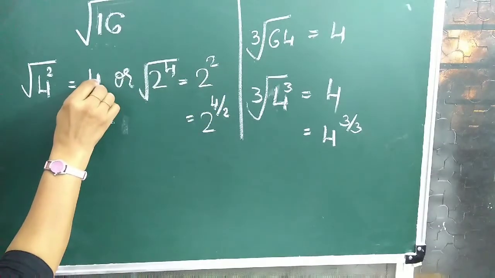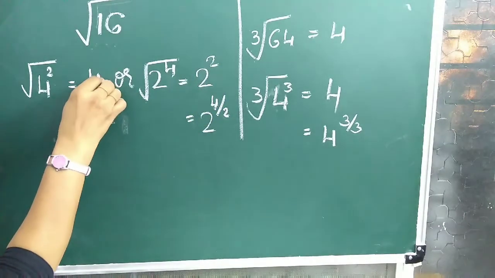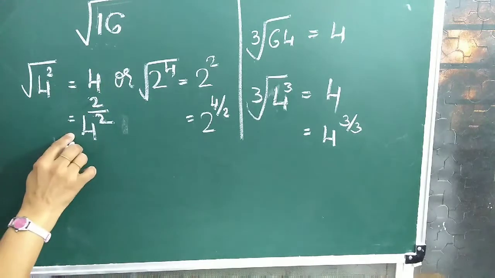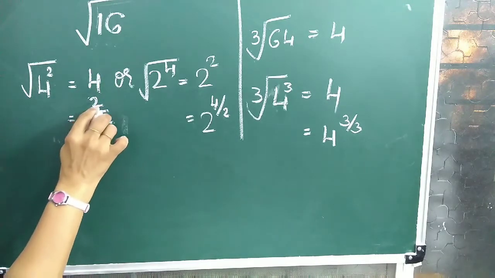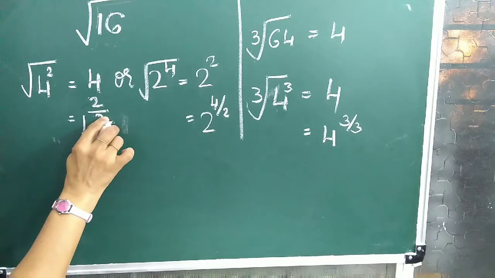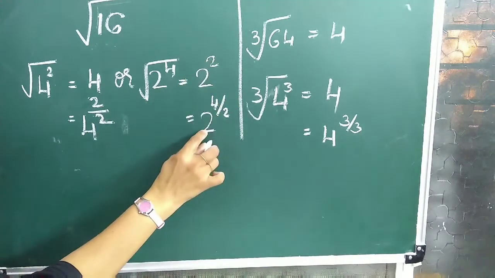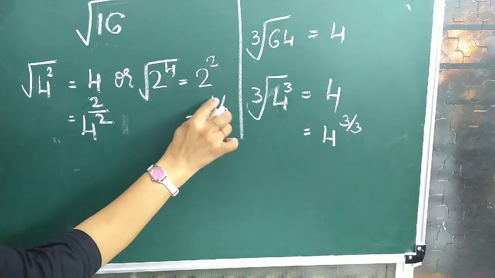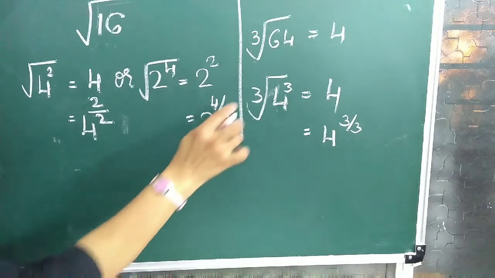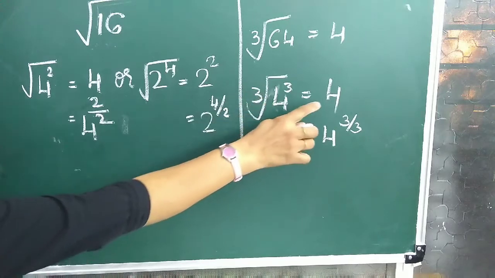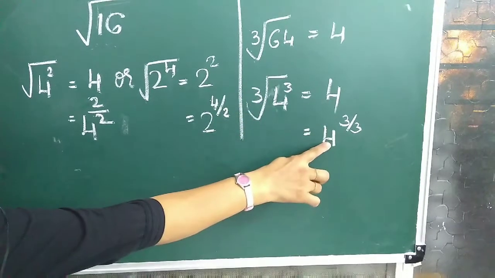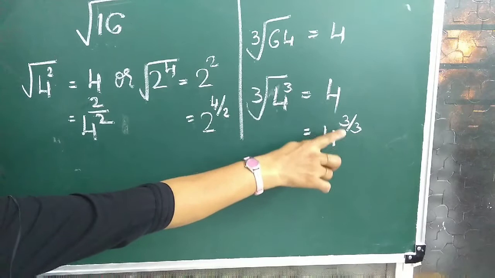And this 4 can be written in the exponential form as 4 raised to the power 2 upon 2, and this 2 square can be written as 2 raised to the power 4 by 2. And again here this 4 can be written as 4 to the power 3 upon 3.